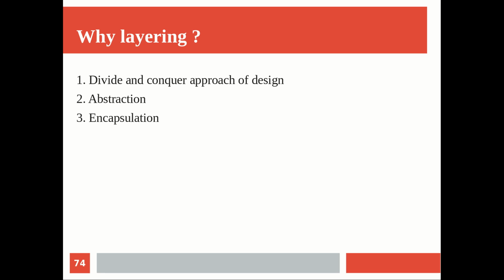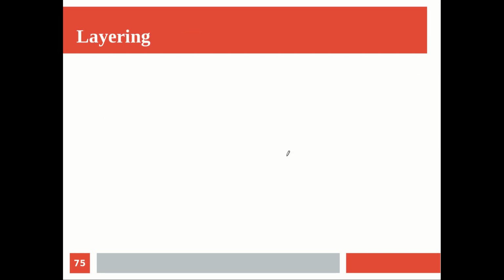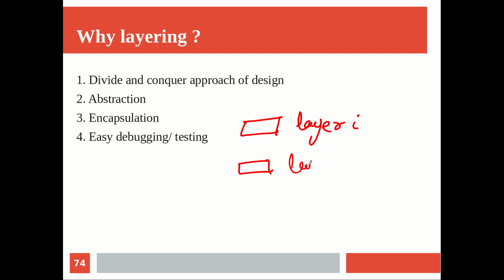Normally lower layers try to give services to the higher layer, in the sense the higher layer can ask for some service from the lower layer, and by that time the layer interface is there. See, this is a particular layer I, and below this layer we have layer I minus 1, say.